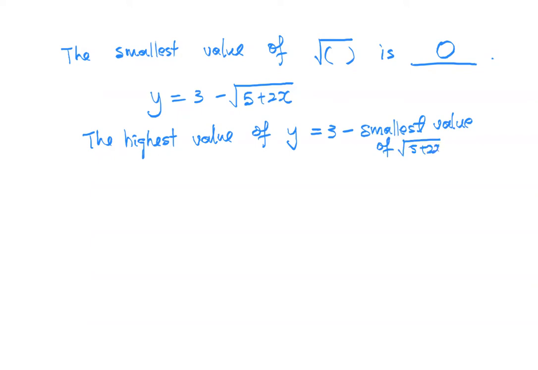That is how I think in my mind. So this will be 3 minus 0, which is 3. So even without the graph, you also can comprehend if you know this concept.